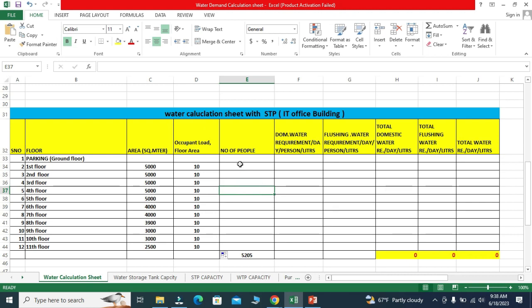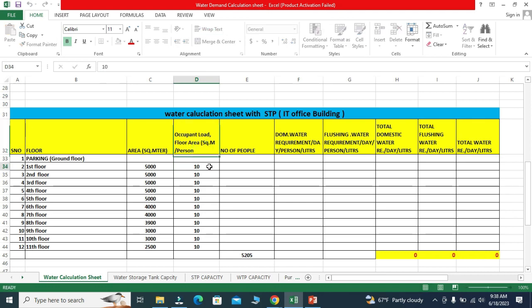Now this is square meter per person. In 10 square meter, how many persons will be there? One person.